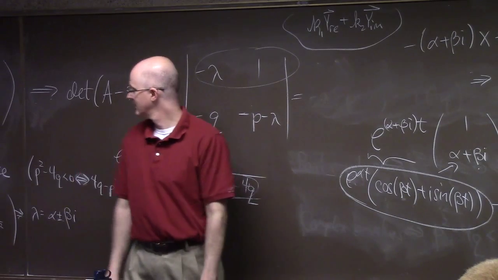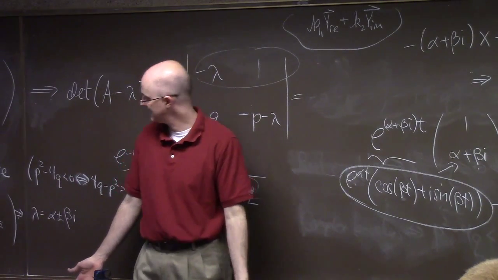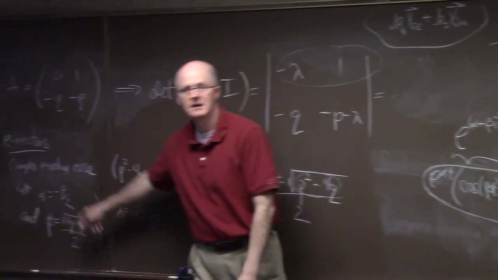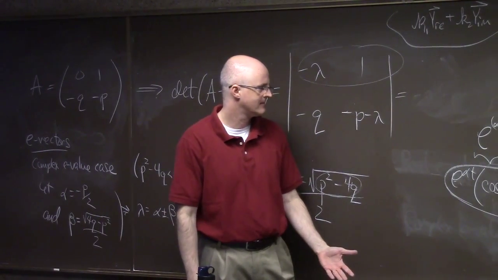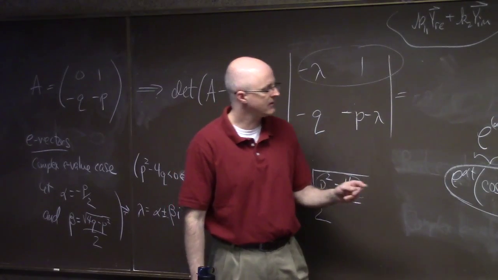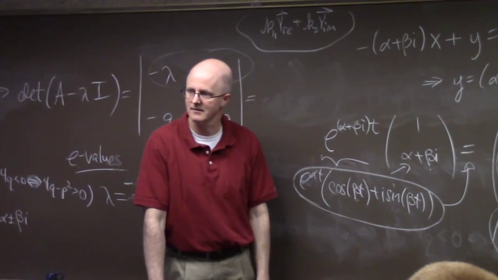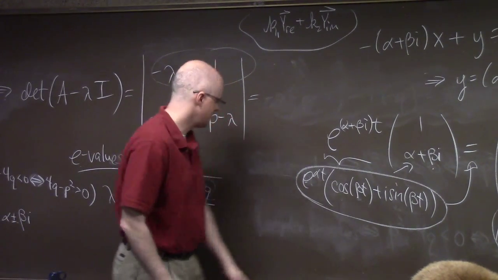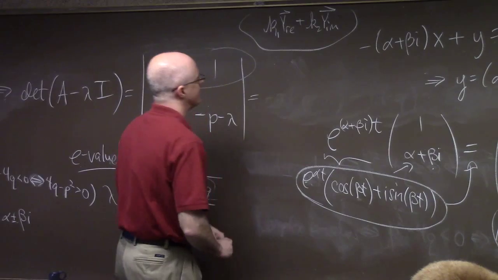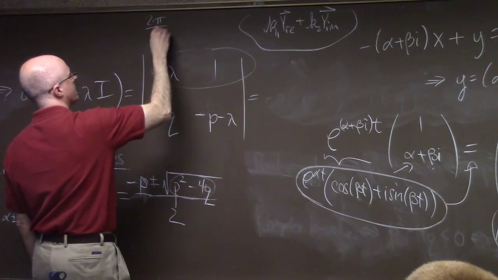So the alpha affects whether it's a sink or source. In this case, a sink again because alpha is negative. The beta does come up in the formula for the general solution, and in particular it comes up in being the coefficient of the t inside the cosine and the sine. Meaning the period, so to speak, of the solution is 2 pi over beta.